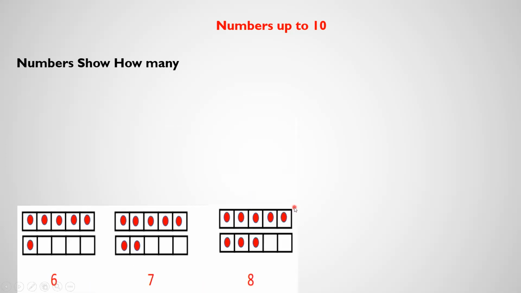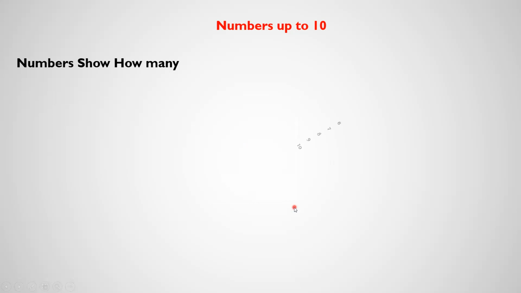Now let's remember how we can write these numbers by letters. How can we write 6? Can you remember? It's S-I-X. What about 7? It's S-E-V-E-N. Then 8, E-I-G-H-T. 9 is N-I-N-E.